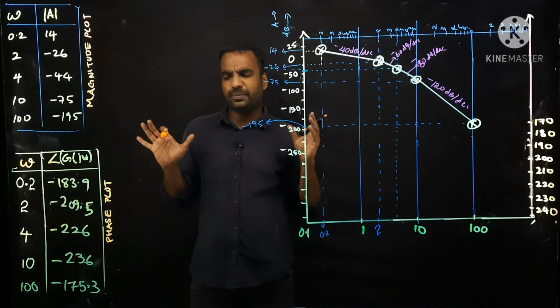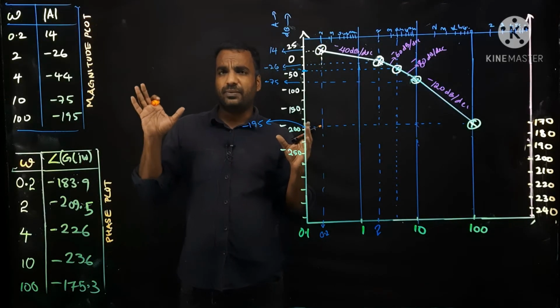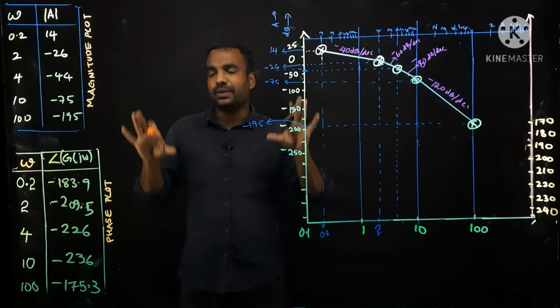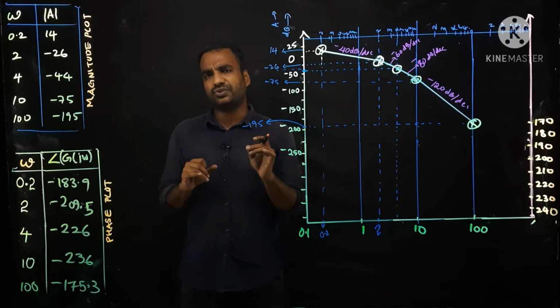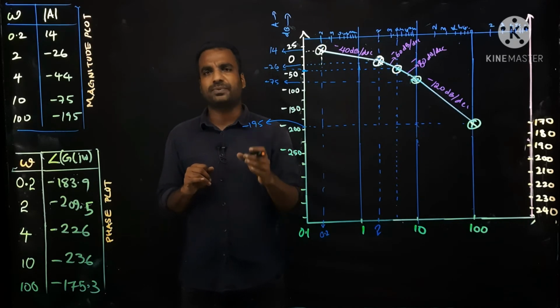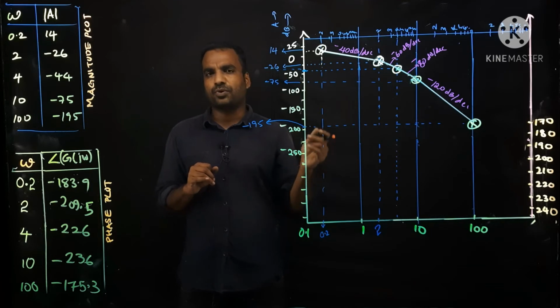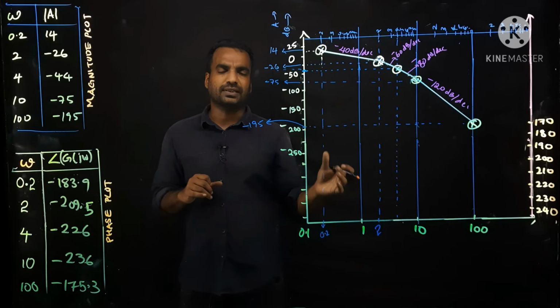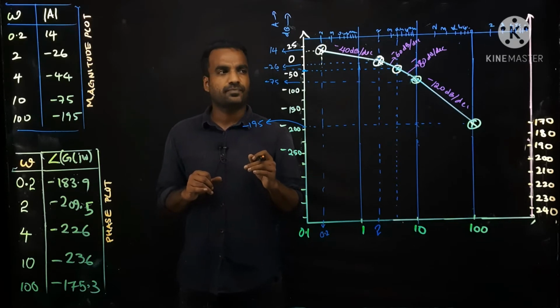Generally the question will ask you to do both plots simultaneously, or they will just ask you to draw the Bode plot. They will generally not specify magnitude plot or phase plot. So you have to draw both plots together as part of the same exercise.